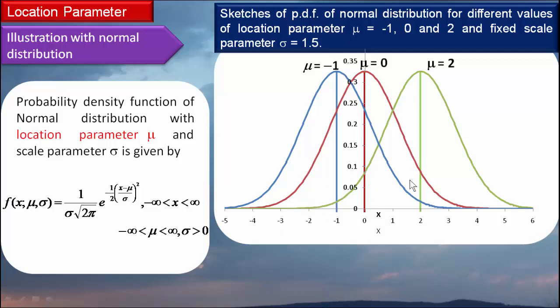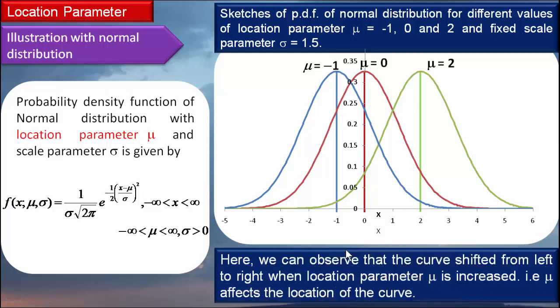If we change the location parameter to -1, 0, 2, then the graph changes its location. From this we can observe that the curve is shifted from left to right when location parameter mu is increased. That is, location parameter affects the location of the graph. These three graphs are identical and symmetric, but their locations are different.